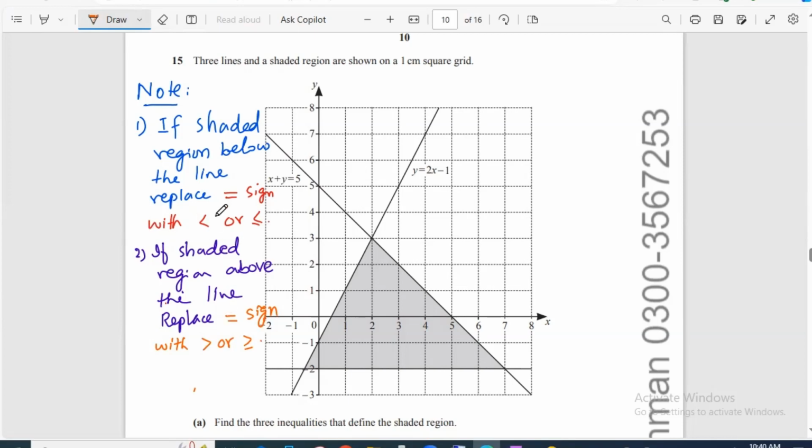And be careful, this sign without equal to sign is for a dotted line or broken line, and the sign with equal to sign is for a solid line, right?